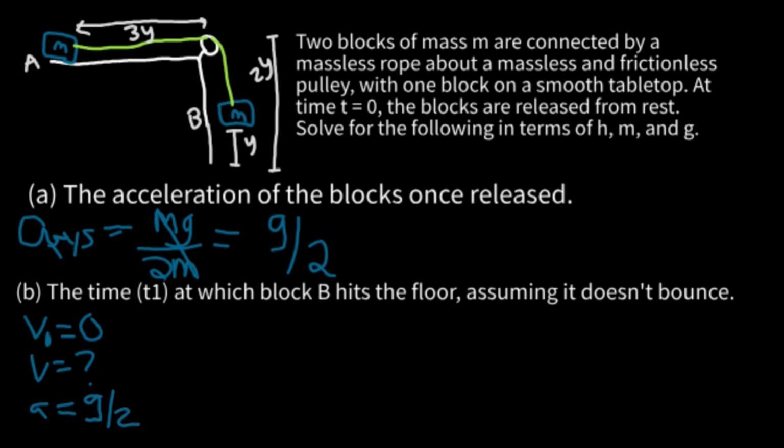And we want to solve for t, where h, or I should rather say our change in y, is just y. You can tell that from the diagram. So we want an equation without final velocity. So that's going to be delta y equals initial velocity times time plus 1/2 at squared.